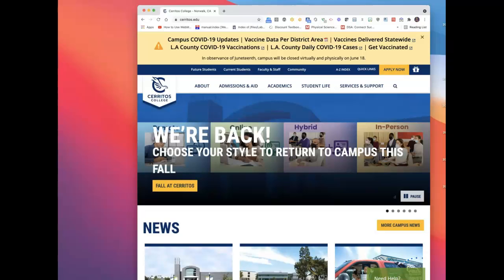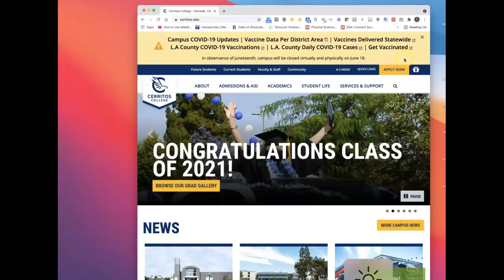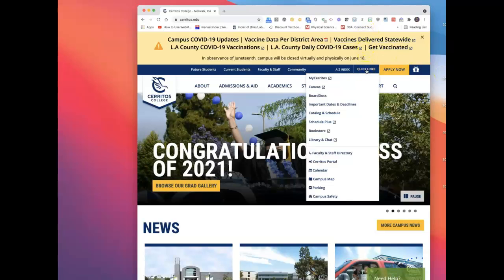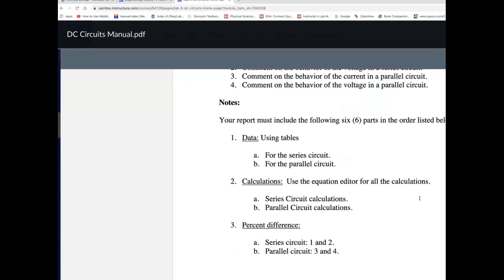And I will go to Canvas, quantity, all these things in your report. Data using tables, and data only the things that you are measuring, okay? If I'm measuring the voltage, I'm gonna list it.